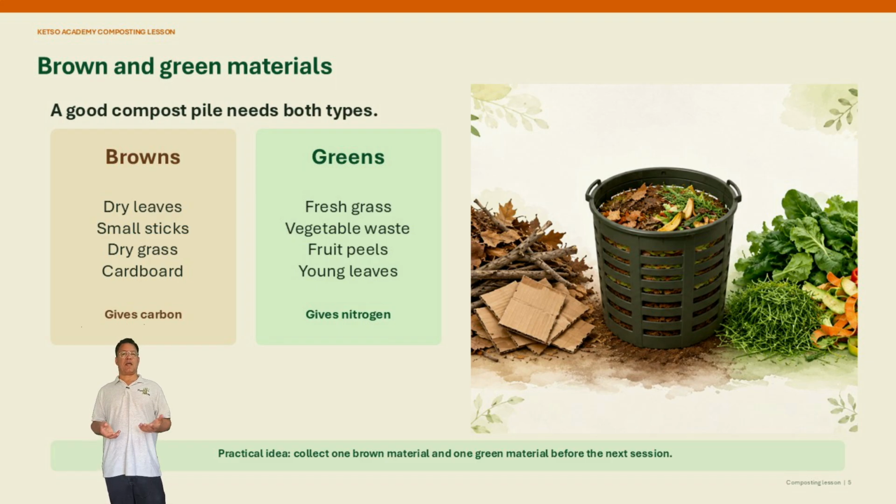The brown could be things like dry leaves, small sticks, dry grass, or even cardboard or paper. It can go inside the compost heap because it is what we call carbon.